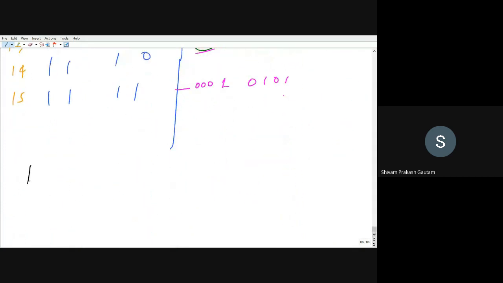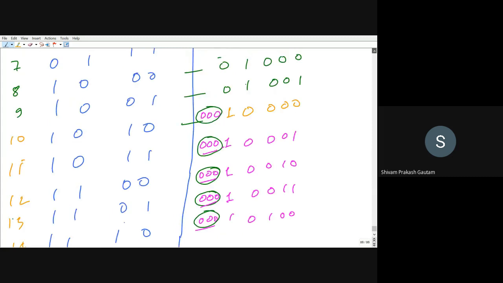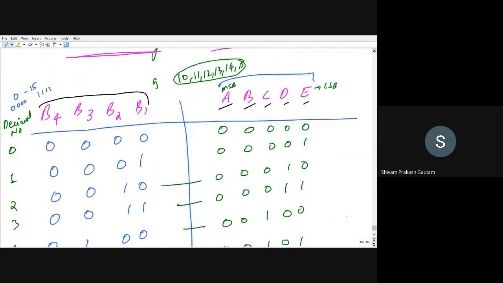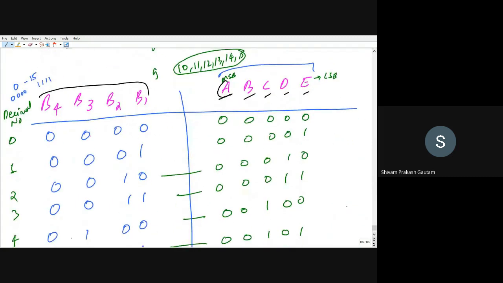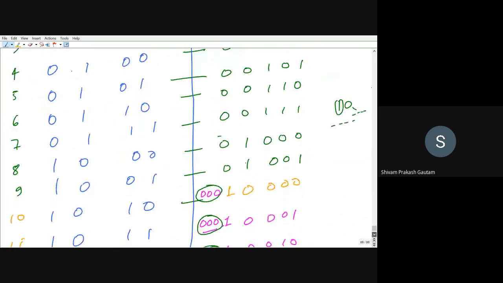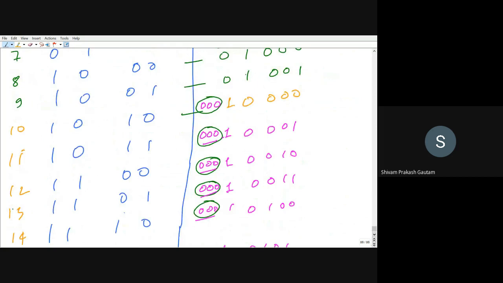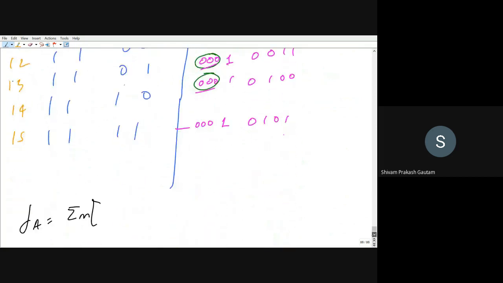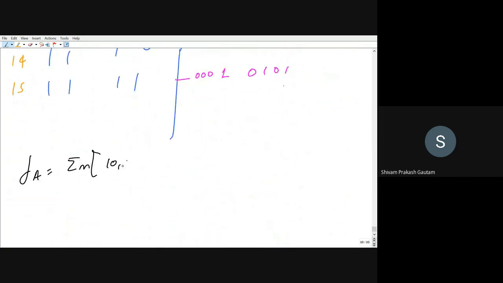So let me write the function as A, and so min terms we can write for A. Just see where A is 1. A is 1 at 10, 11, 12, 13, 14, 15.